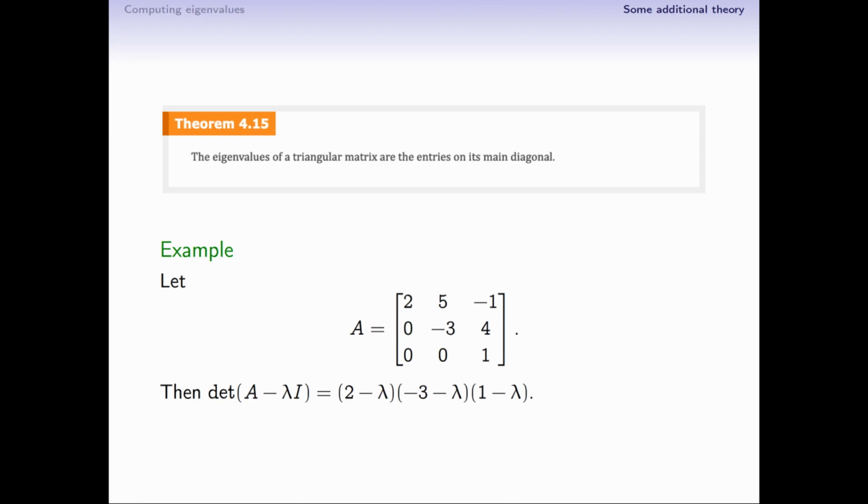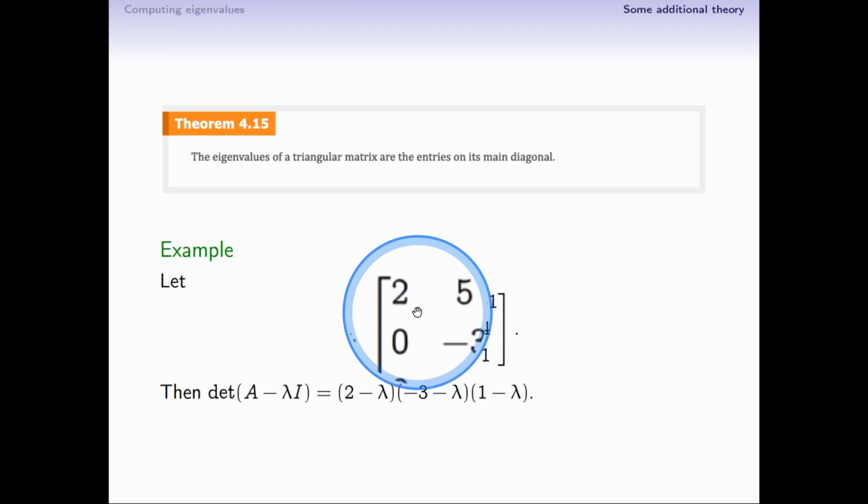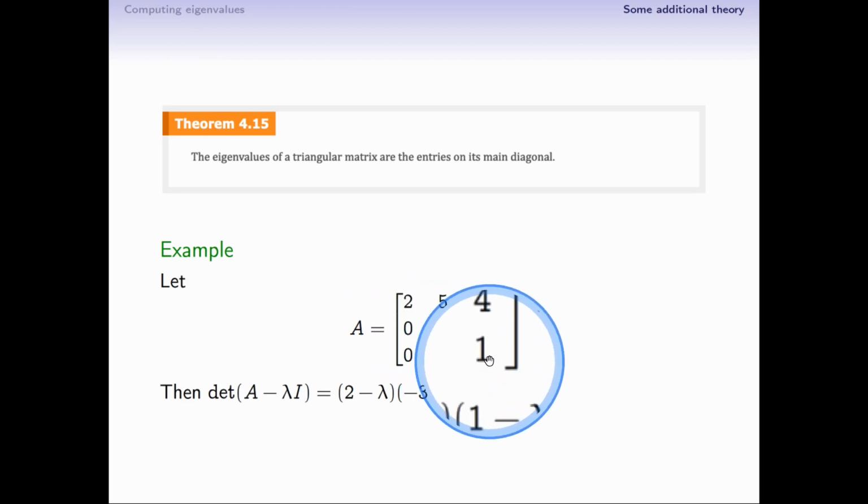Now let's study this example. Here's a matrix A, a 3 by 3 matrix, which is upper triangular, and the elements on its main diagonal are 2, -3, and 1. Now, if we want to calculate the eigenvalues of this matrix, we would subtract lambda times the identity matrix from A, and that would have the effect of subtracting lambda from each of its diagonal elements.